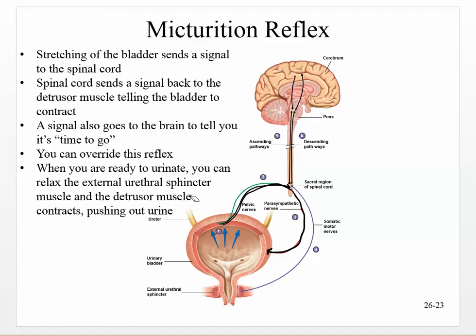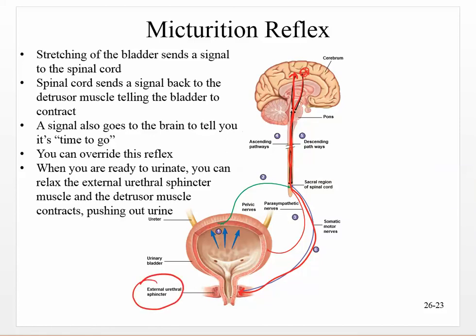However, we know that isn't always what happens. Sometimes our bladder stretches, and it also sends a signal up to the brain and says, hey, we're stretching and we're about to pee. And the brain says, yeah, no, that's not really a good time. So it can send a signal back to override that signal, and you can actively, consciously constrict what's called the external urethral sphincter.